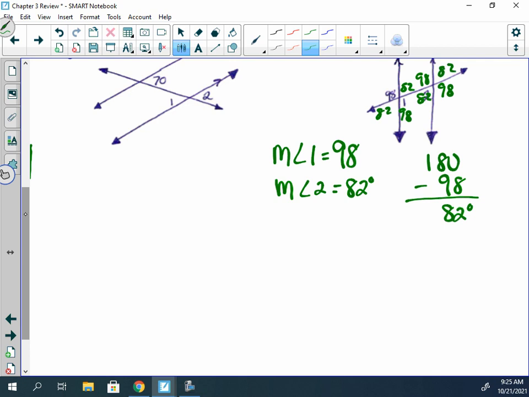Now, even though these here only ask for 2 specific angles, if it helps you to go on and put all the ones that are congruent, the corresponding, the alternate interior, the alternate exterior, write it in on the diagram, go for it and work them all out. But when we worked them all out, did that make it a little bit easier?